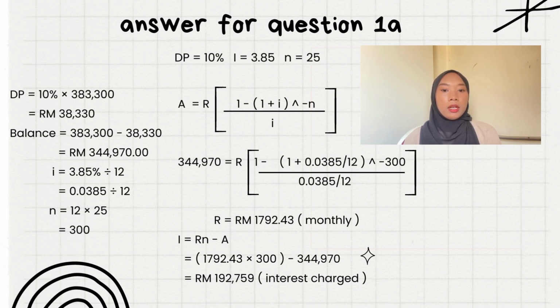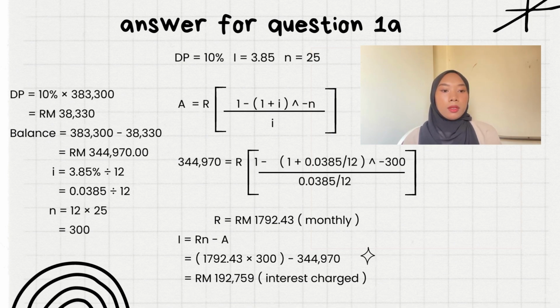So to find the I, we have to divide by 12, and we get 0.0385 divided by 12, and the N we have to multiply by 12 too, so we get 300.